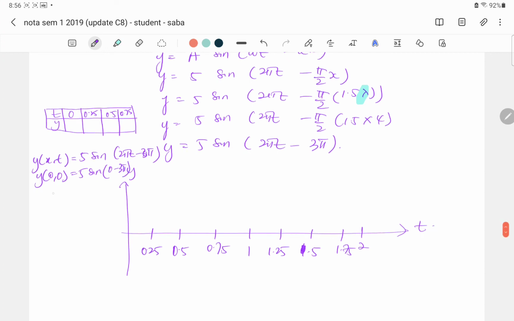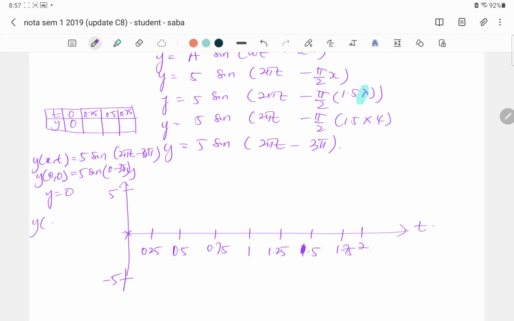So kita akan dapat y equal to 0. Kita tekan calculator, 5 sin(−3π). Okay, kita dapat 0.